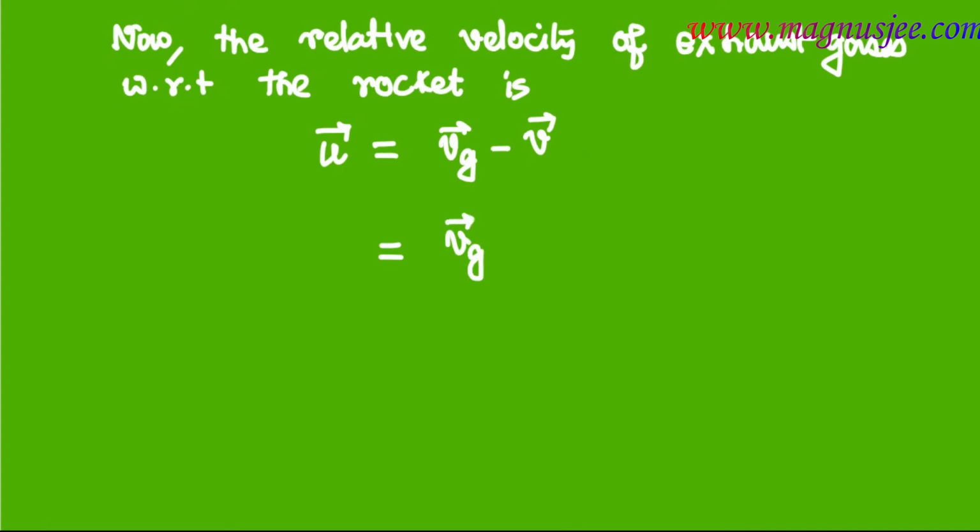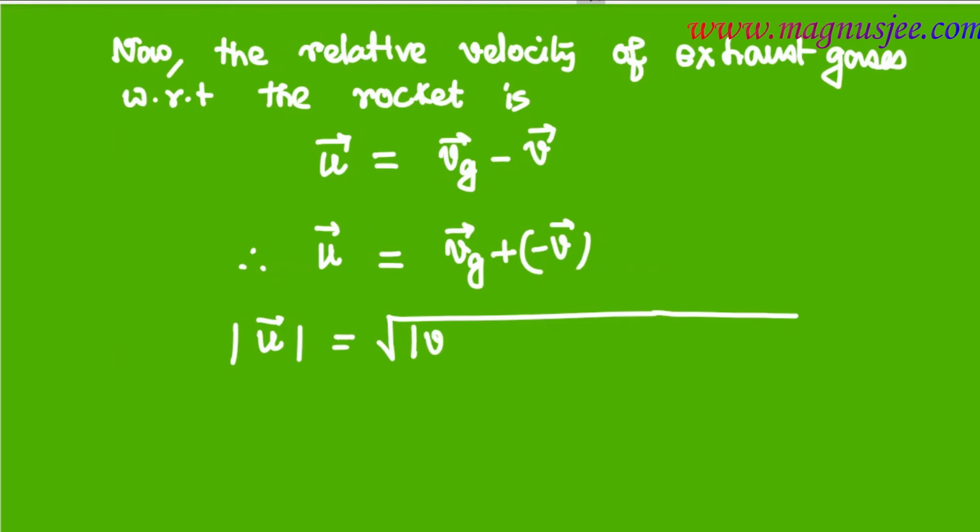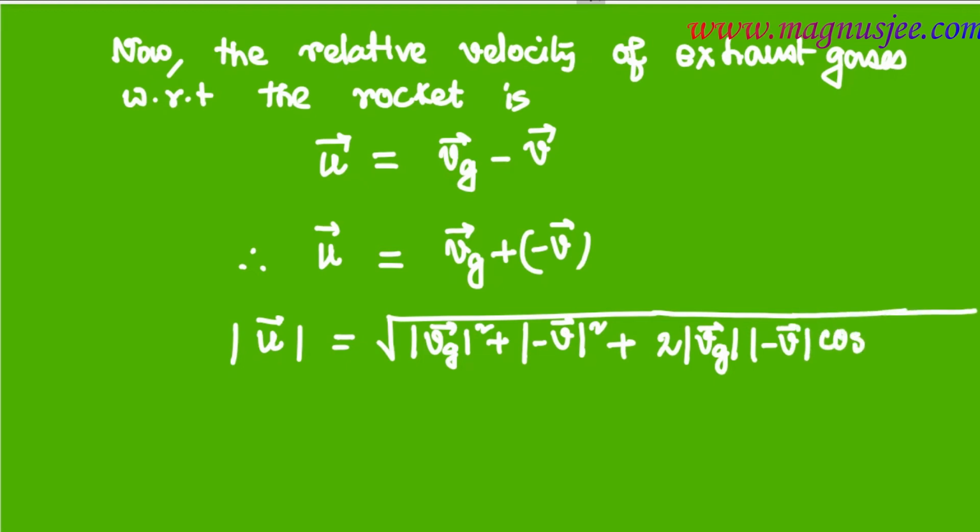Therefore vector u equals vector vg plus minus vector v. That means we have to add vector vg, the velocity of exhaust gases, with the negative velocity of the rocket. That's why mod vector u is equal to the square root of mod vg squared plus mod minus vector v squared plus 2 mod vg mod minus v cos (180 degree minus theta).